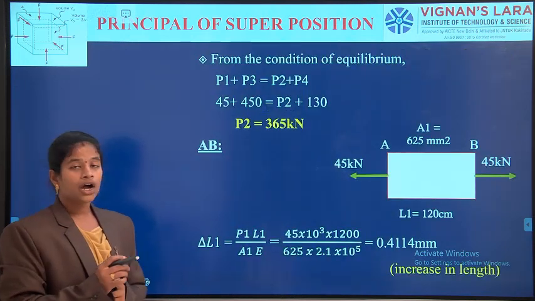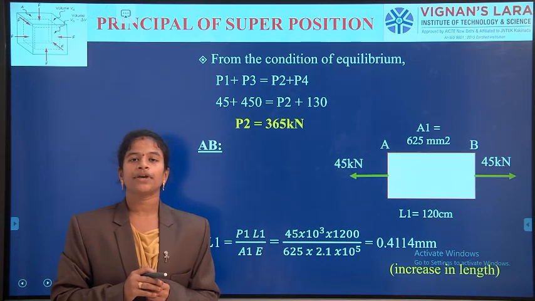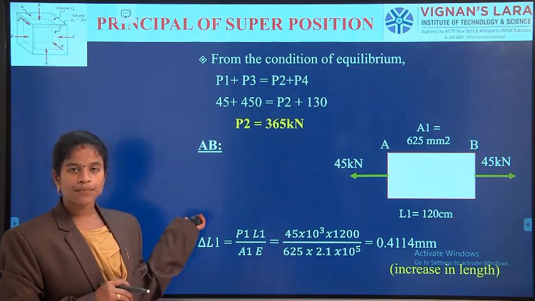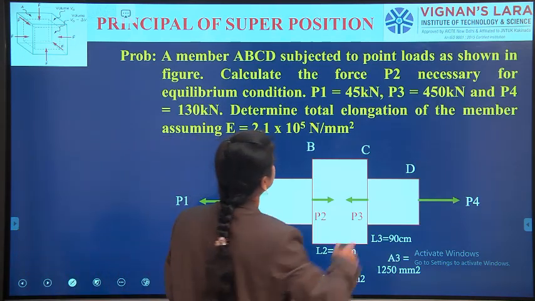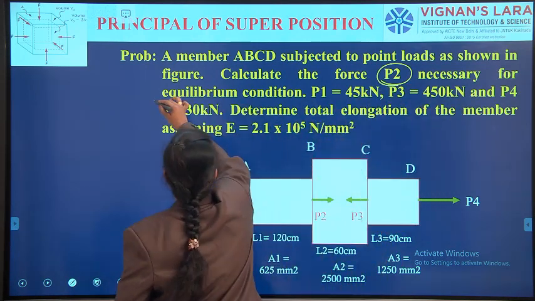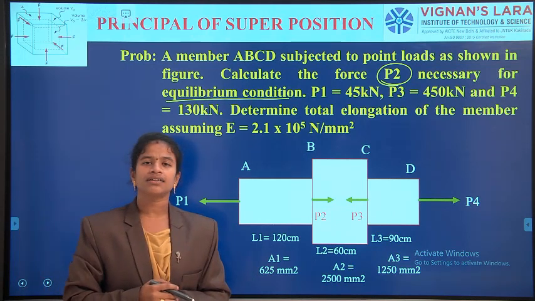Now, how will we solve? First thing, they are asking us to calculate the P2 value. P2 is nothing but the axial load which is occurring at some point. That P2 will be calculated using the equilibrium condition. What is the equilibrium condition?